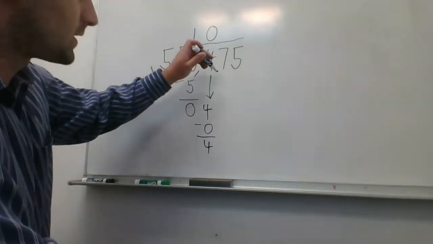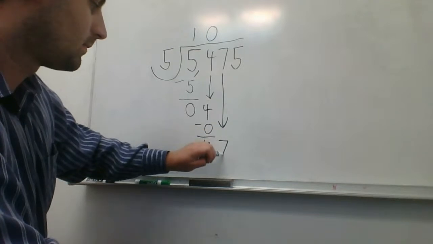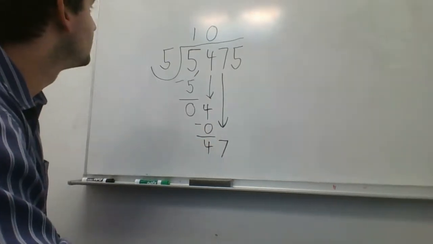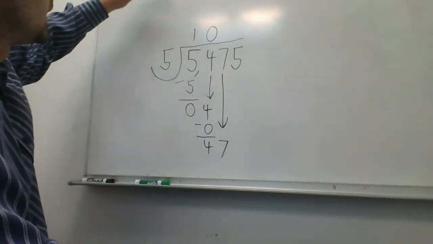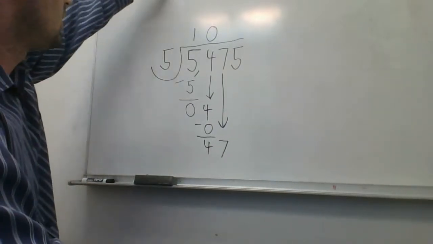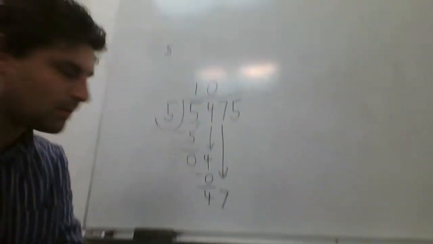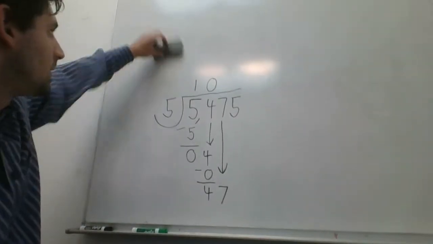Now I'm going to bring down the 7. You got to figure out how many times 5 goes into 47. So here we go. 5. That's one group of 5. Let me make it so you can see.